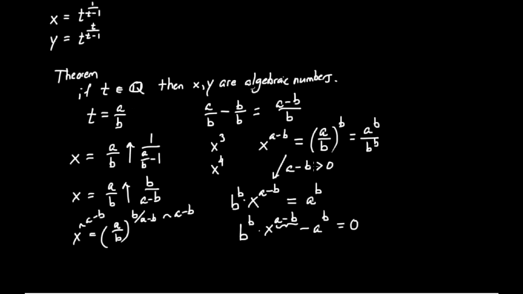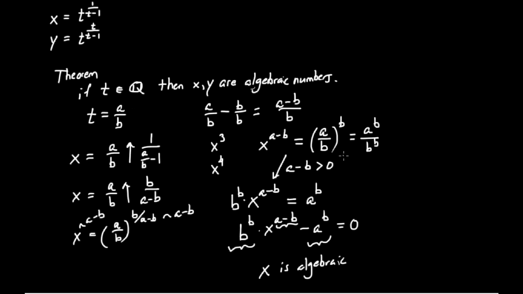We assume that a minus b is some positive number. This coefficient here is an integer. It's just an integer raised to an integer power. And this thing over here is also an integer. So x is algebraic. And that's all I have to show for that one.